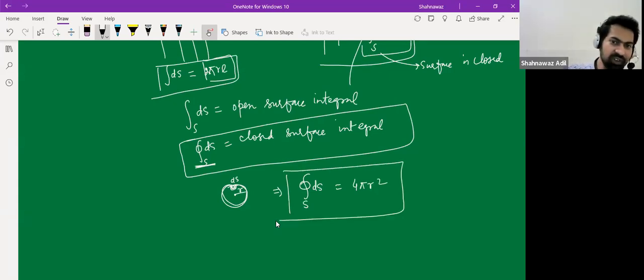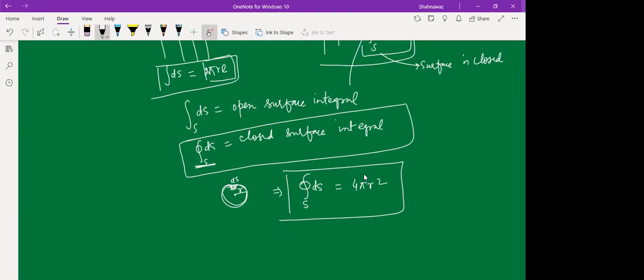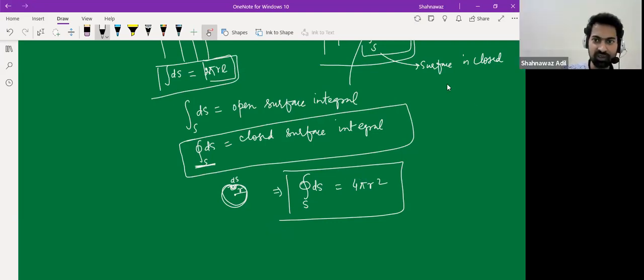So, did you understand the difference between the open surface and the closed surface? Any doubt in the open surface and closed surface analogy?